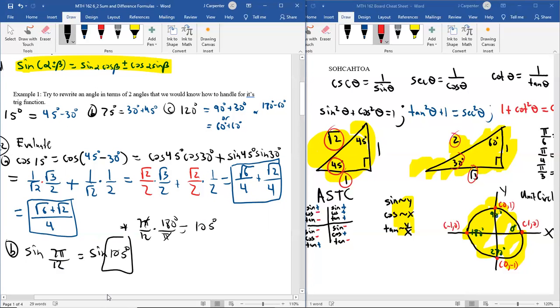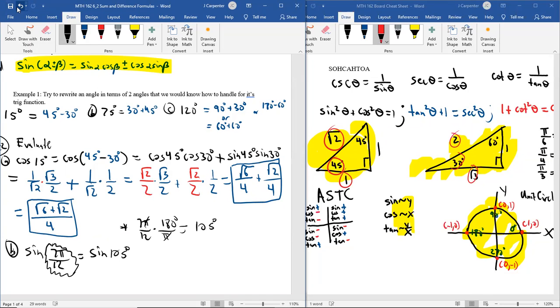Now, the reason I suggest changing to degrees is because you are going to have a really difficult time trying to figure out what combinations of pi over 3, pi over 4, and pi over 6 will get pi over 12, or specifically 7 pi over 12. So it's extremely difficult to handle a sum or difference problem in radians.